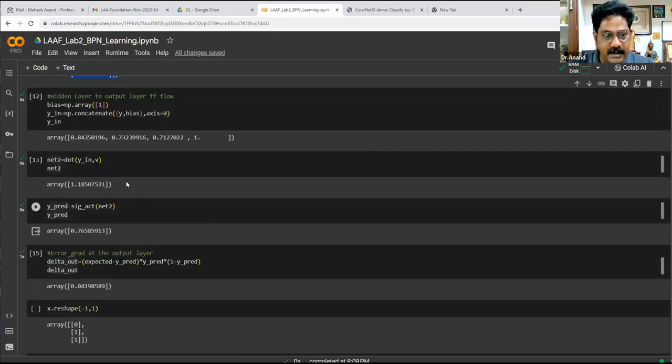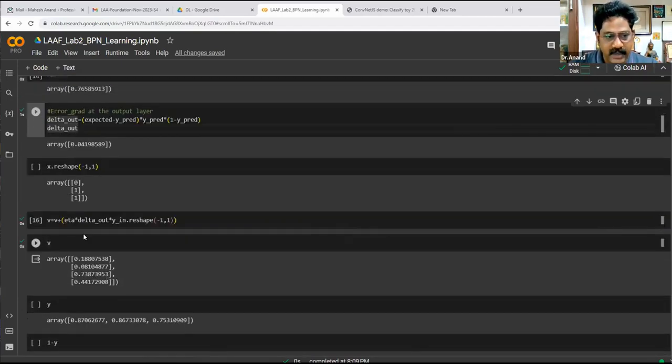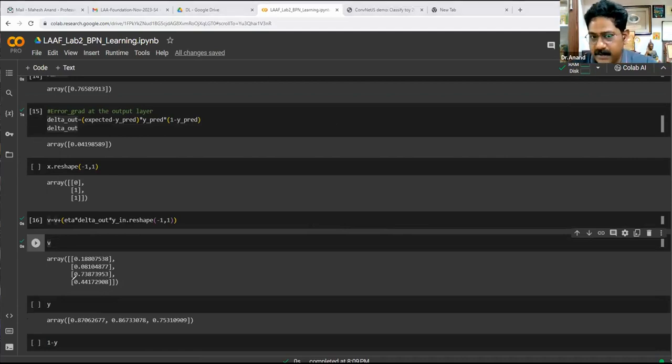In case this delta has a slightly higher value, you could see a larger variation in the weight. So we have updated the V matrix. What is the next step? The next step is to update the W matrix. To update the W matrix, we need to understand the architecture.